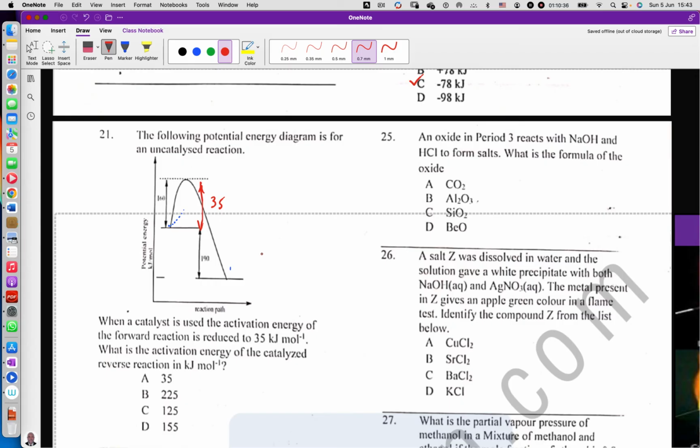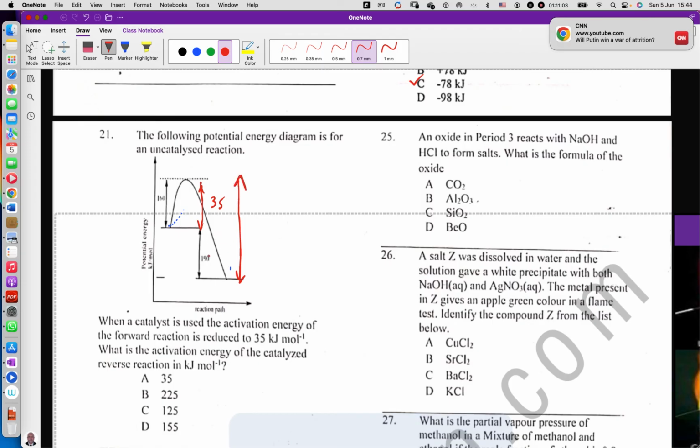So what is the activation energy of the catalyzed reverse reaction in kilojoules? Remember that the catalyzed reaction will be a total of this and that. The reverse will be from here to this place.